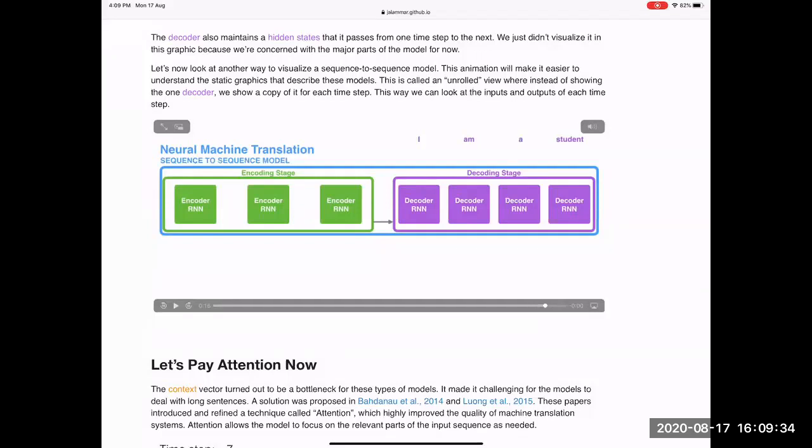At the 4th time step, it is trying to extract I out of it. In the 5th time step, am. In the 6th time step, a, and in the 7th time step, probably student. So it's trying to extract multiple words out of it at different time steps.